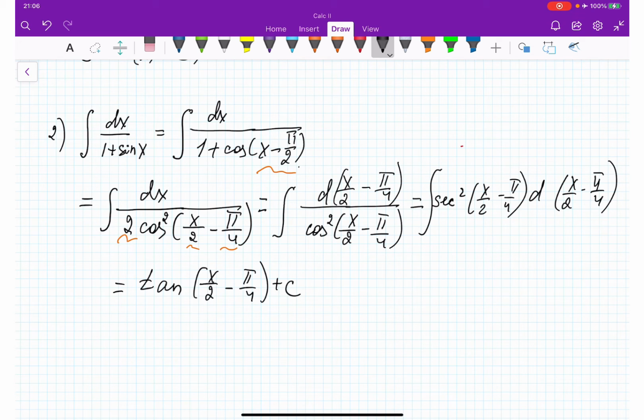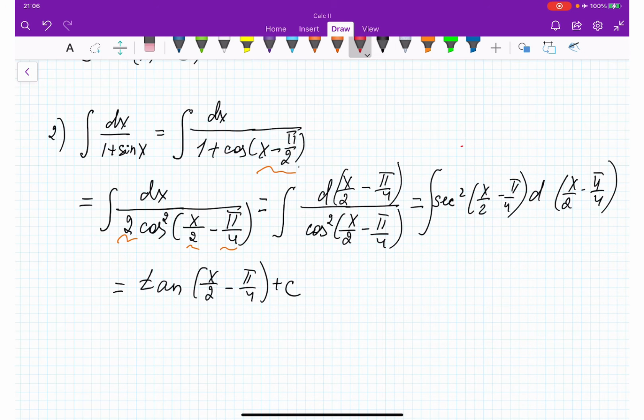I need to tell you that I don't memorize the values of integrals, and I don't advise you to memorize integrals either. As long as you know derivatives, that's good enough. So how do I do it? I have the integral of secant squared, so I'm thinking: the derivative of which function gives me secant squared?